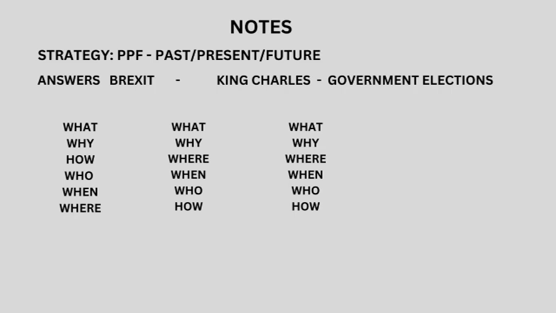And then for the present, I'm going to talk about how King Charles became king in September of last year after his mother died, and how that is a contested thing because there's maybe a lot of feeling in the country that the country should become a republic now, and the royalty is really a thing of the past.